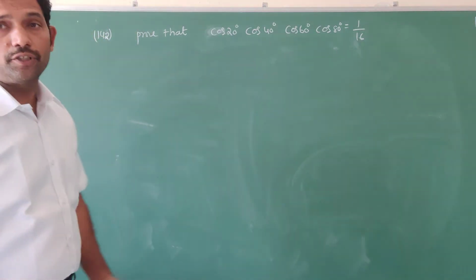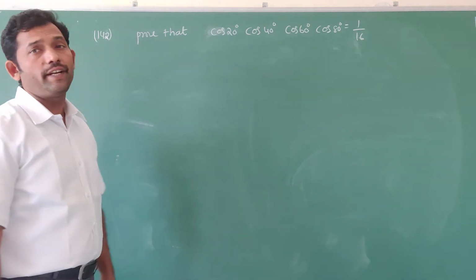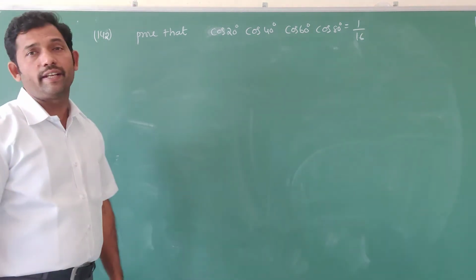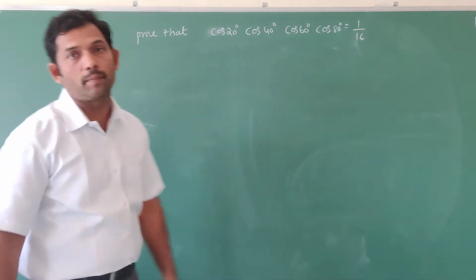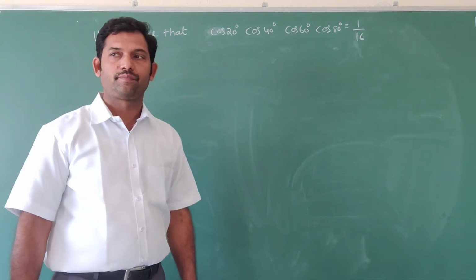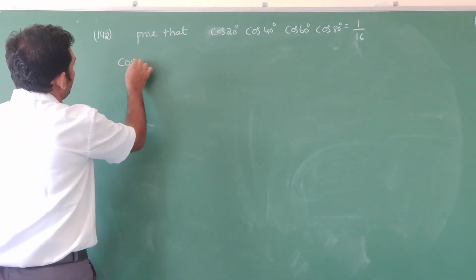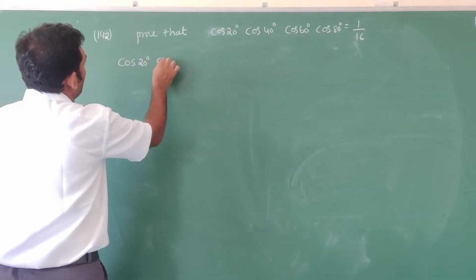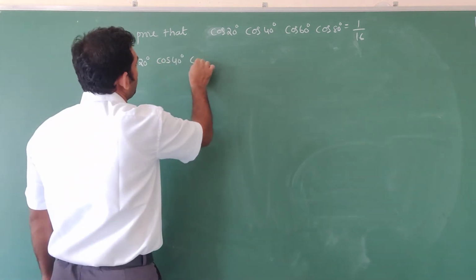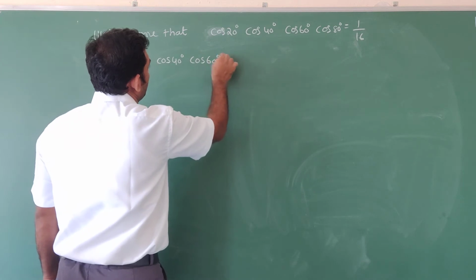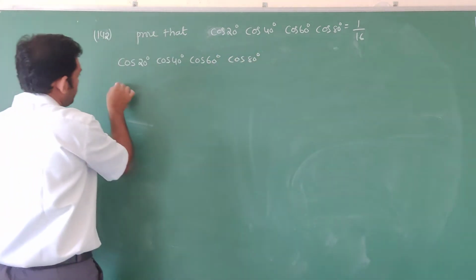So write next question. Prove that cos 20 degrees cos 40 degrees cos 60 degrees cos 80 degrees equal to 1 by 16. Take cos 20 degrees, cos 40 degrees, cos 60 degrees, cos 80 degrees.